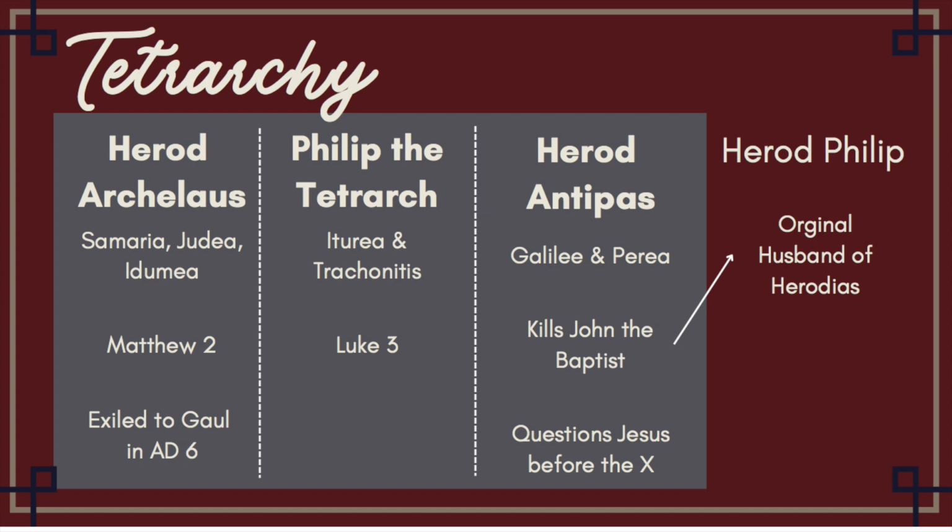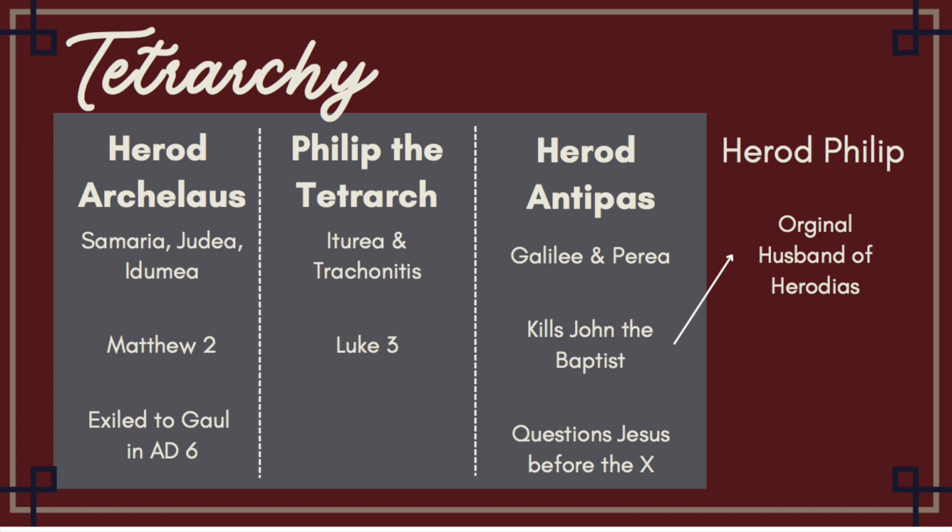I'm guessing if you think that the dad is a nut job, you're probably thinking this guy is not safe and stable as well. So he kind of goes away. And I don't know why Herod Antipas might have seemed like a safer bet, but they go up to Herod Antipas. Archelaus is exiled to Gaul, like I said, in AD 6. And then Judea is given under the governorship of a Roman official.